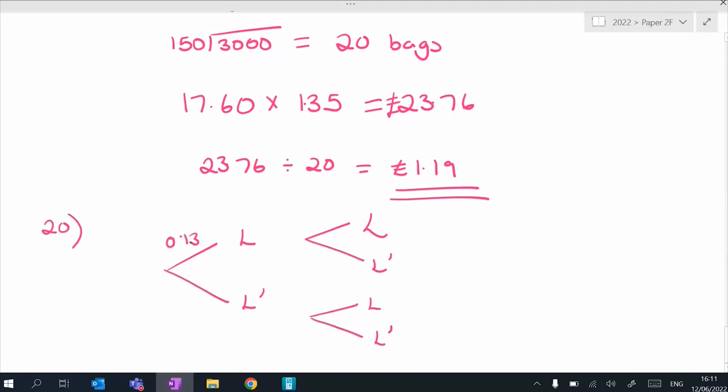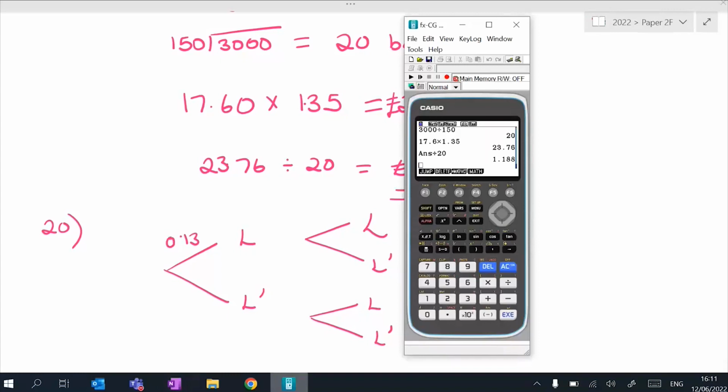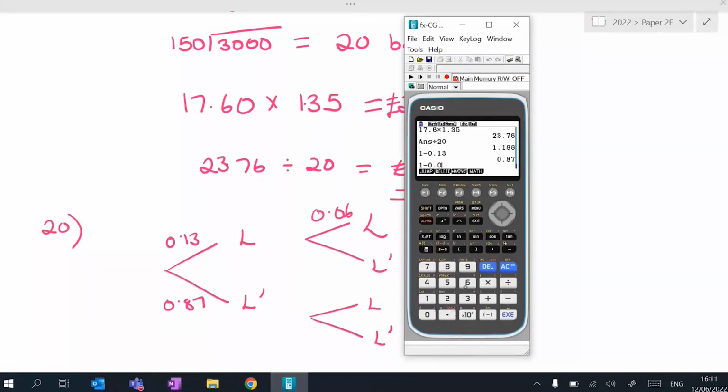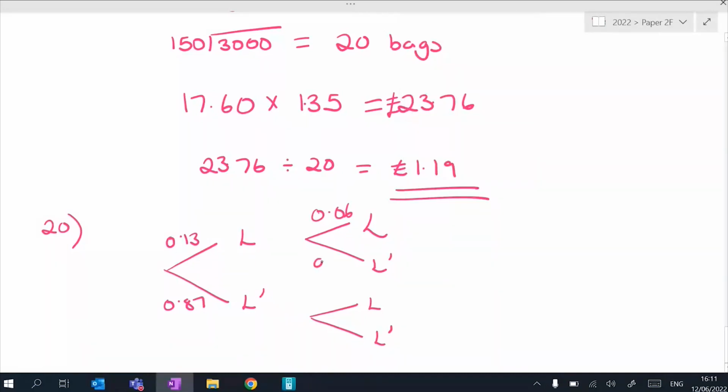If this branch is 0.13, the probability she's not late will be 1 take away that, so 0.87. Again, the same over here. If this is 0.06, do 1 take away 0.06 to get 0.94.